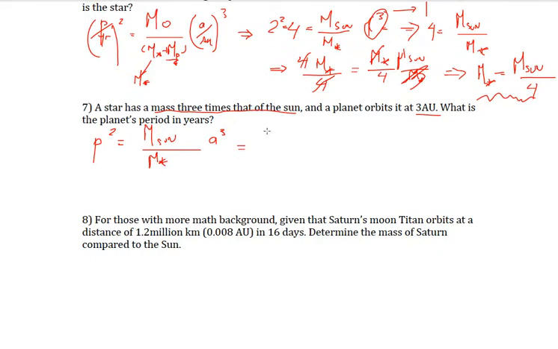So we have the mass of the sun divided by 3 solar masses. Those two cancel out, times 3 cubed, which is a third times 3 cubed. That 3 goes away into a 2, so that's 3 squared. So p squared equals 3 squared, so period equals 3 years.